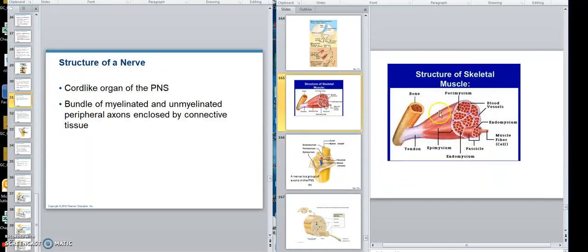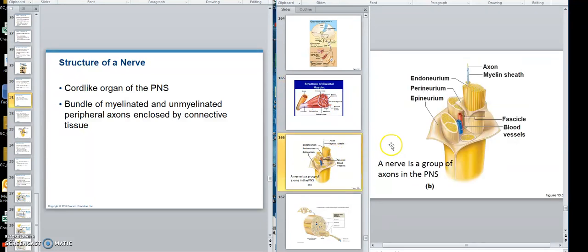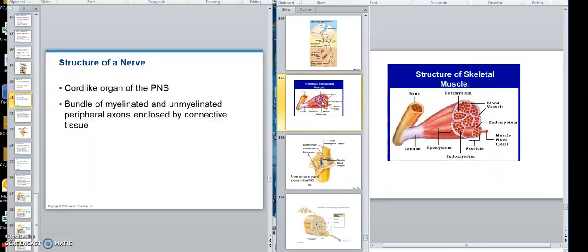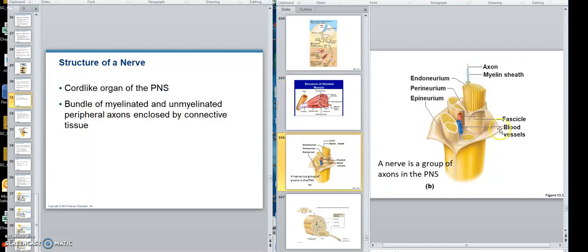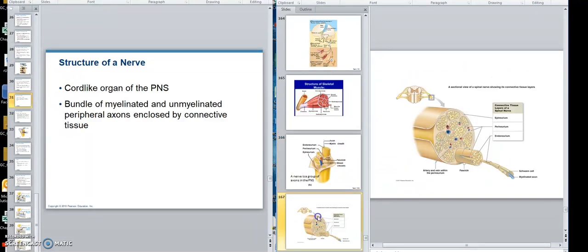Then what did we have with muscle? Each individual muscle cell was surrounded by an endomysium. Each individual nerve fiber, axon, is surrounded by an endoneurium. And here are your blood vessels, just like you had in muscle. So you see, it's very similar because both of these entities do what? Conductivity.